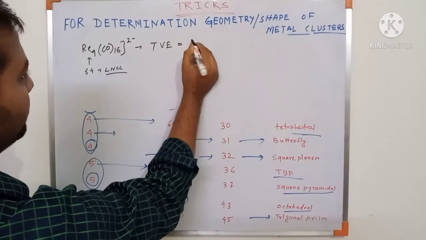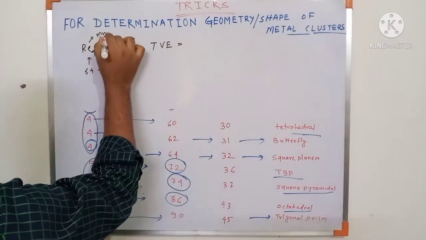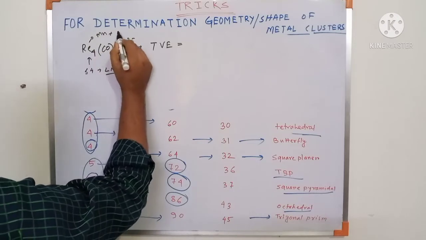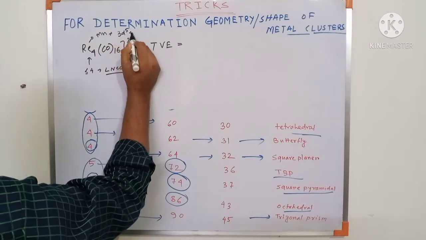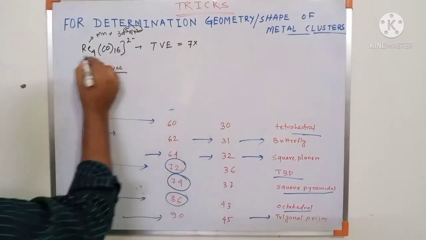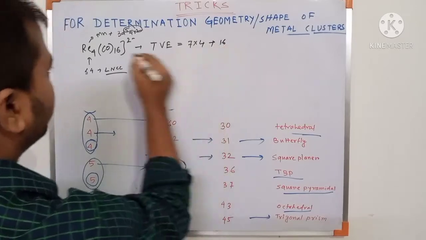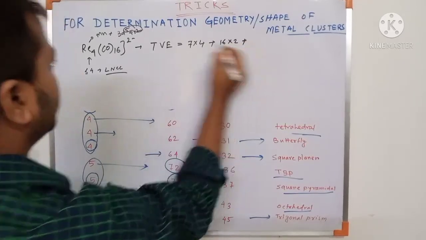Total electron count: we know rhenium is in the manganese family. The manganese family means 3d5 4s2, so total electrons 7, so 7 into number of metal atoms 4, plus 16 carbonyls contributing 2 electrons each, plus 2 for the negative charge.